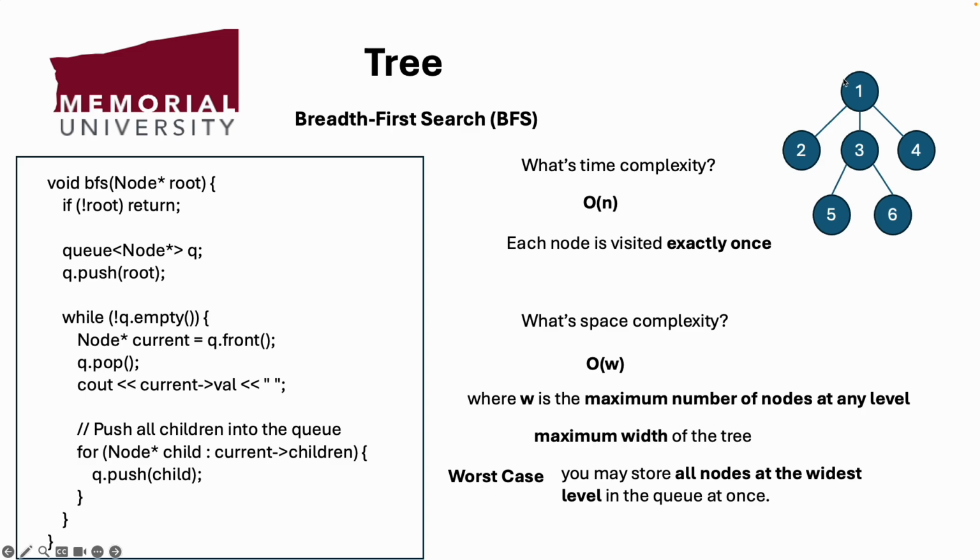For example, you have only one root node and all its children are on the same level. That's the worst case. So the queue needs at least big O of n space to support the entire tree.